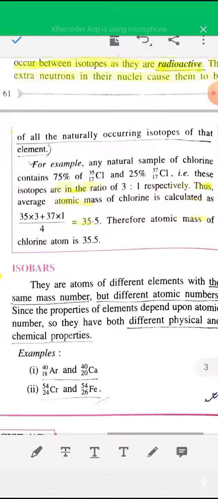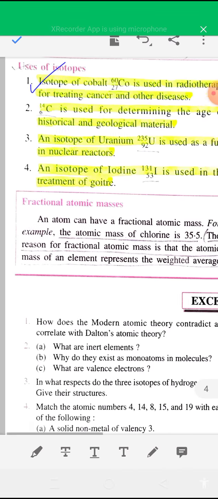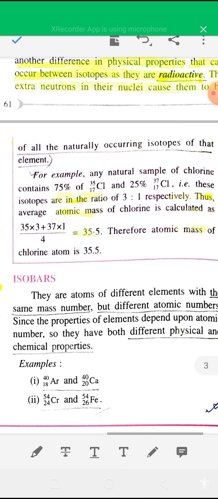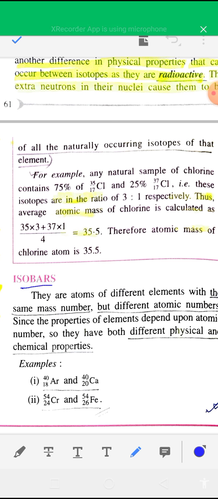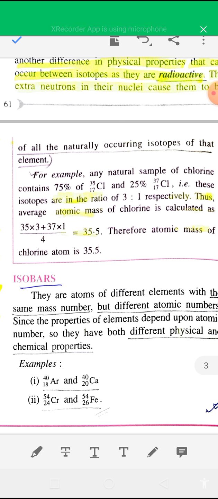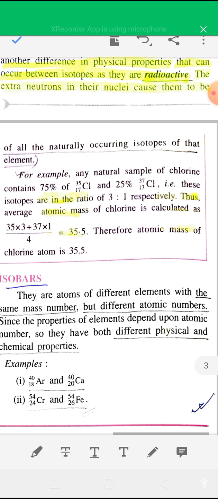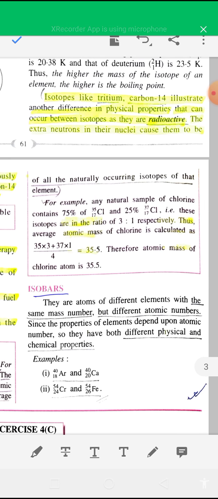And the next topic is isobar. Isobars are atoms of different elements with the same mass number but different atomic number. Here the mass number is the same but the atomic number is different.